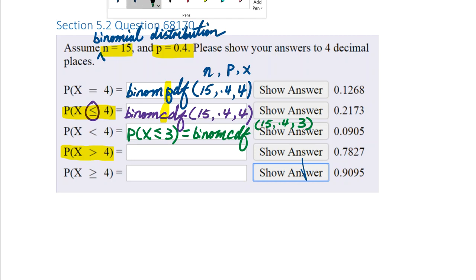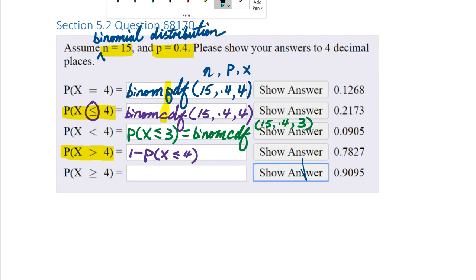So knowing that, this is equivalent to 1 minus the probability of x less than or equal to 4. And we already know how to calculate the probability of x less than or equal to 4. So we're using the definition of complement, subtracting the probability from 1.